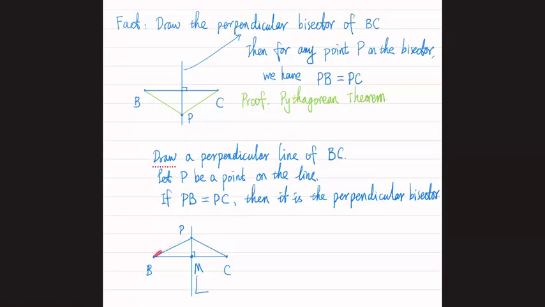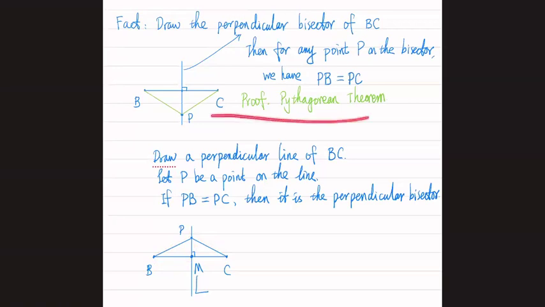PB squared is equal to MB squared plus PM squared, and PC squared is equal to MC squared plus PM squared. Okay, yes, I got it.